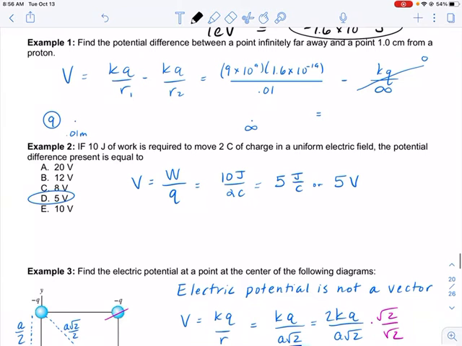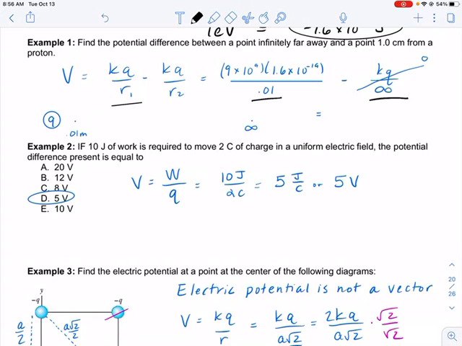Okay, a couple more examples. Find the potential difference between a point infinitely far away and a point 1 centimeter from a proton. I'm going to use the formula for potential, and I'm going to do it twice: once for 1 centimeter away and once for infinitely far away.